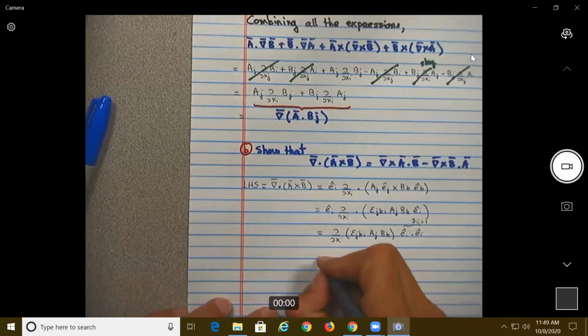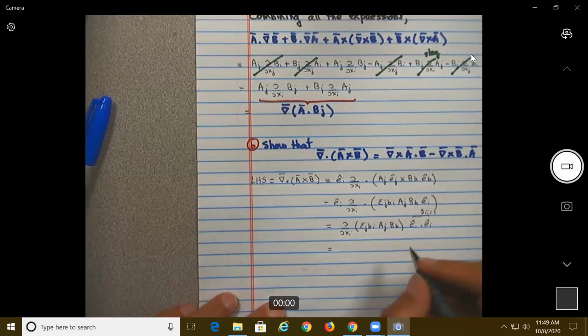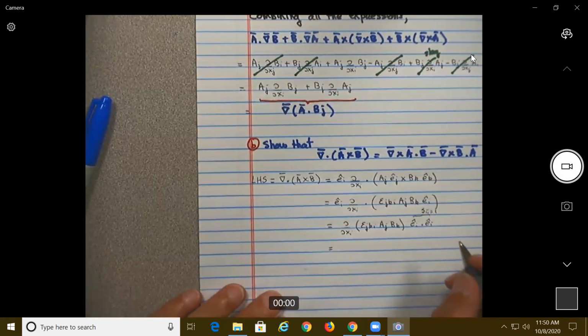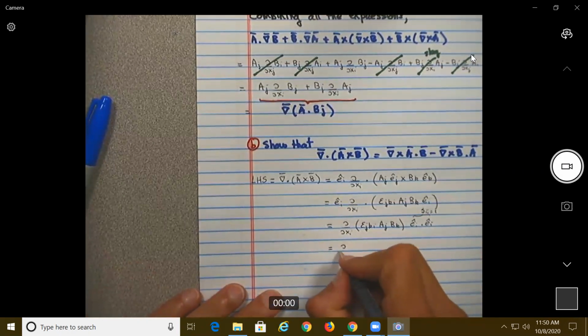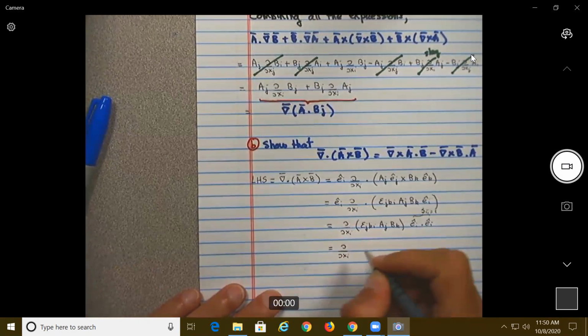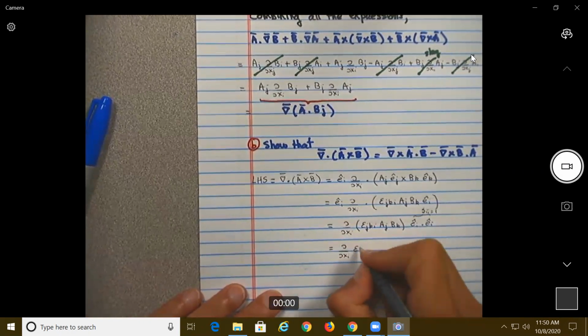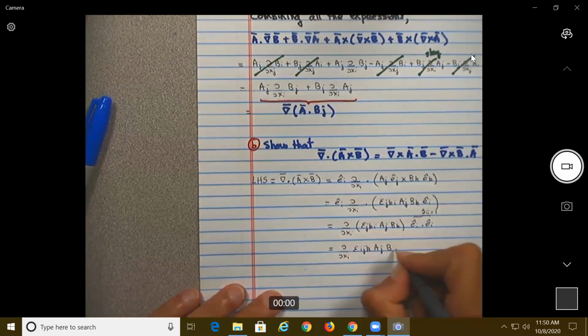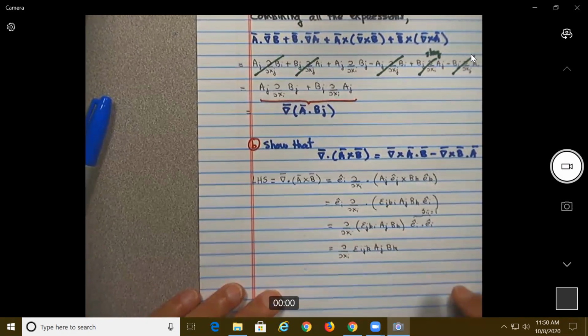All right, so this is the middle step, useless, but I'm going to write it down. So it should be equal to the middle steps of partial x_i of epsilon_ijk a_j b_k.